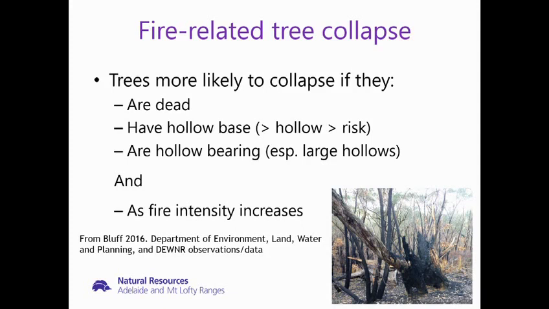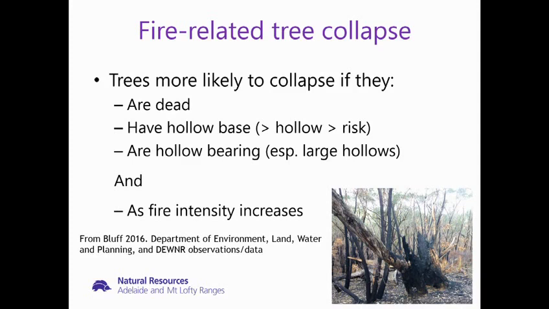If they are hollow bearing, and the larger the hollow, the greater the risk. And also, separately from the tree attributes, trees are more likely to collapse as fire intensity increases. That's important to keep in mind because bushfires obviously occur at a much higher intensity typically than prescribed burns.